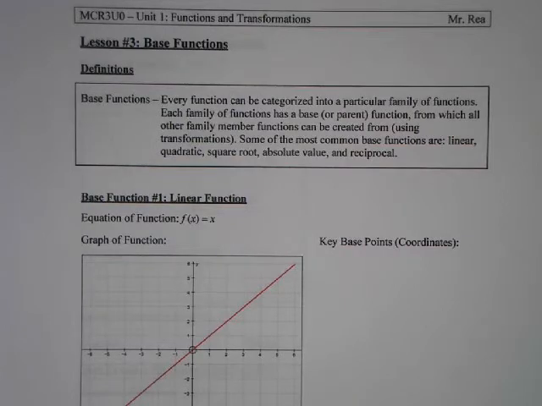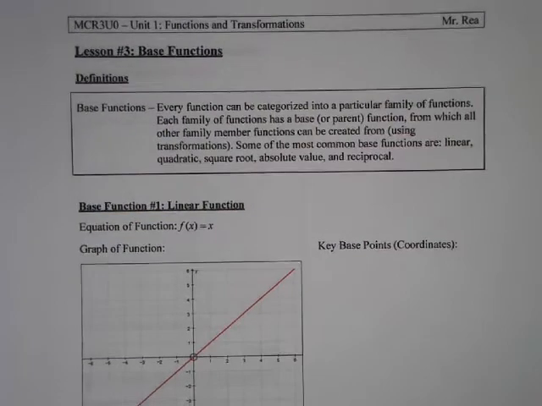We're going to look at each of the base functions separately: what the graph looks like, what the equation is, any special features such as whether they're symmetrical or not, the domain and range, and the key base points. The key base points are going to be important once we get into our graphing, because we're going to start with those base points and transform them to create the new graph.